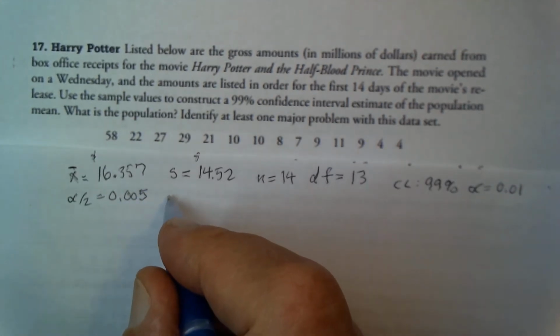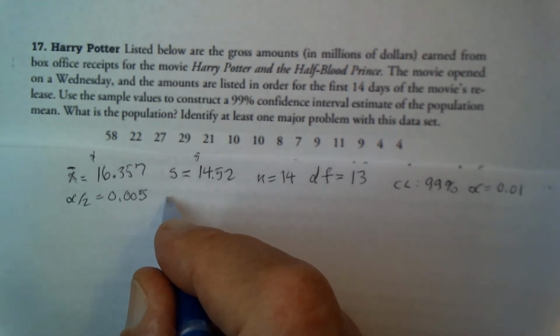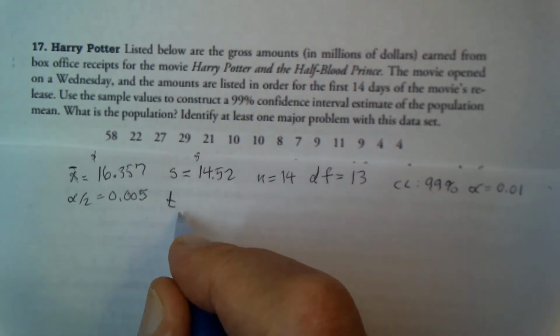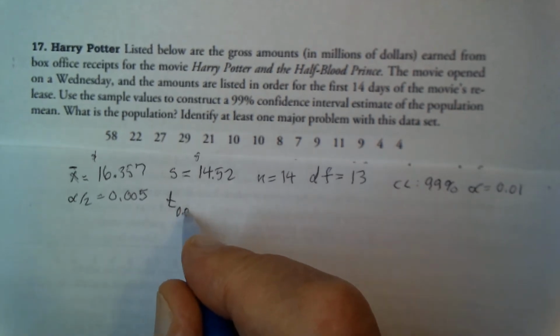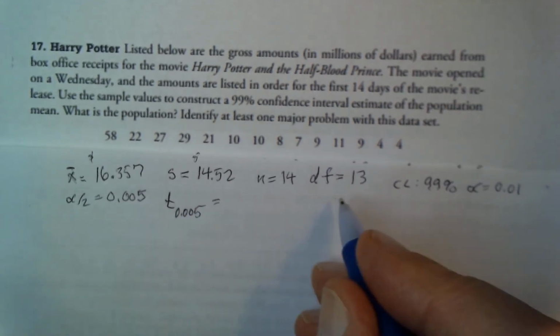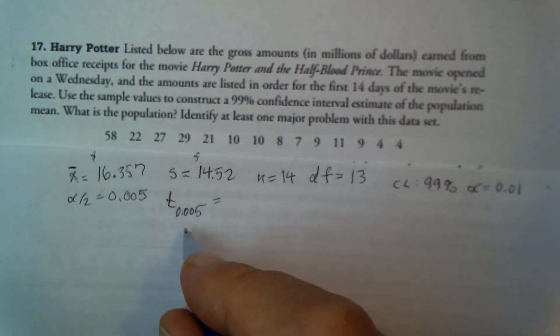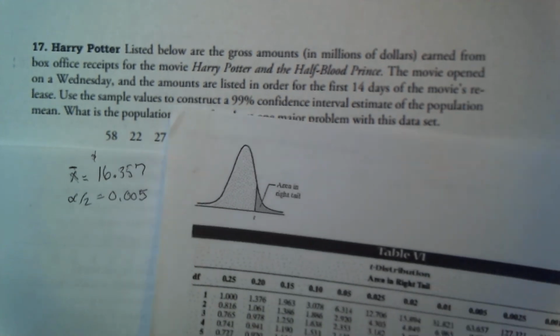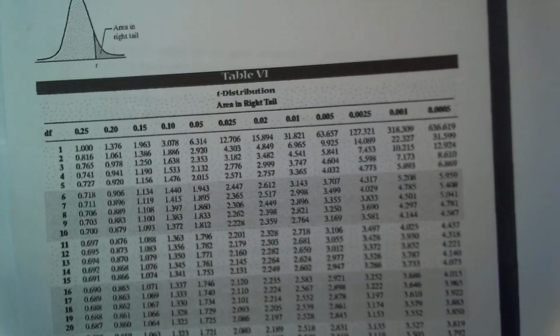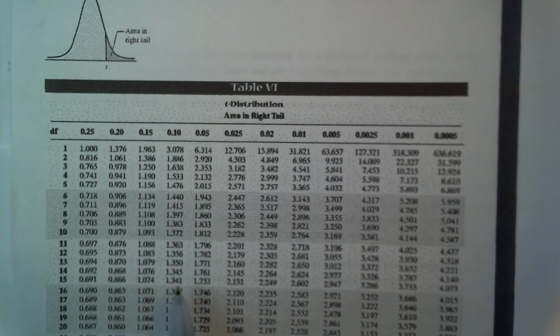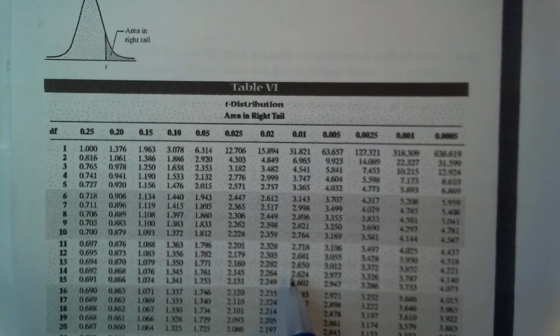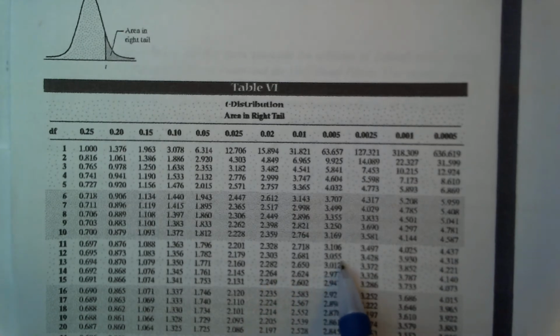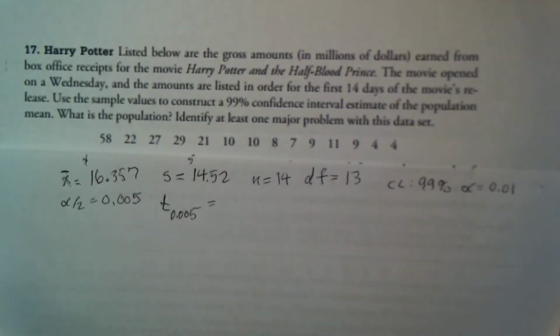When we look up our critical value t sub 0.005 for 13 degrees of freedom, we find in the table 13 and 0.005, so it would be 3.012. 3.012 is our critical value.